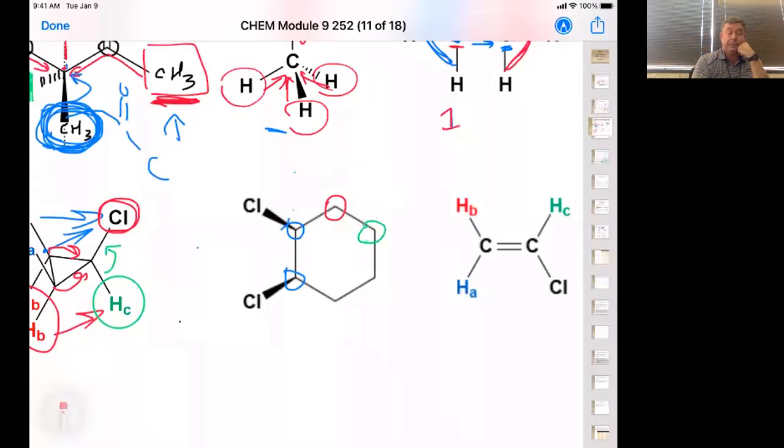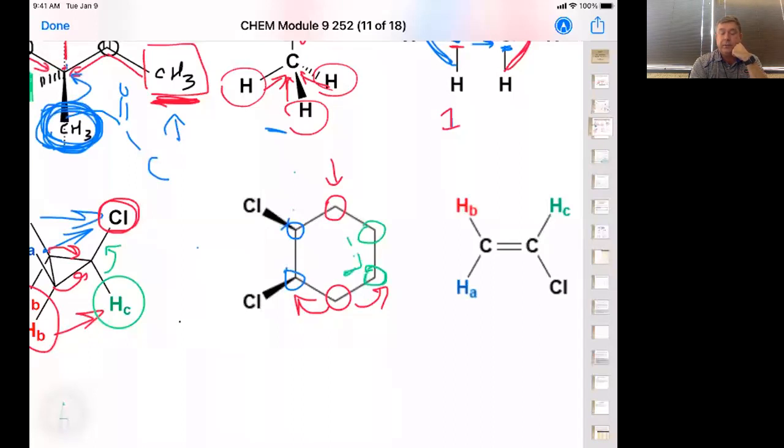Let's look at the other side. If we look at this hydrogen, we have a chlorine that way and a CH2 that way, but that's exactly the same as this one. So I think those 2 are going to give an equivalent peak. And then if we look at this one, we have a CH2 this way, CH2 that way, CH2 this way, CH2 that way.